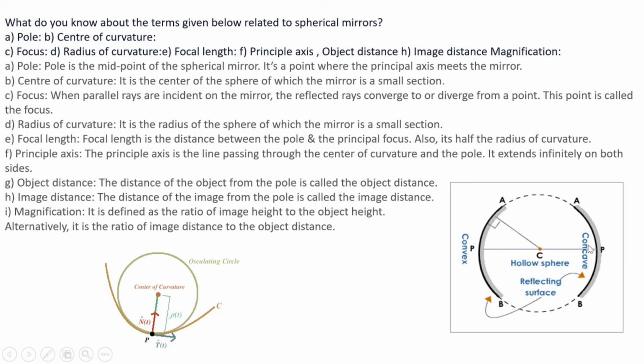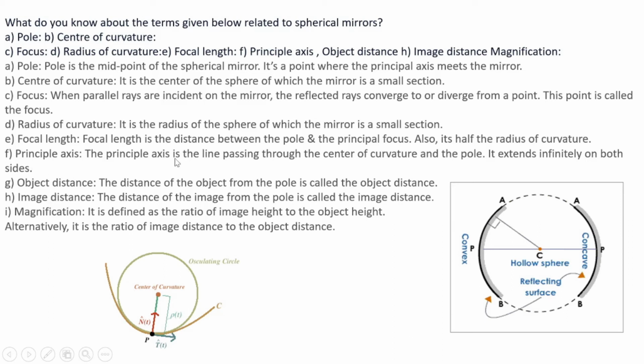And when the principal axis extends beyond, if we take an object, let's say on the center of curvature, and the image is formed here, at what distance has the image of the object formed? So that becomes the focal length.